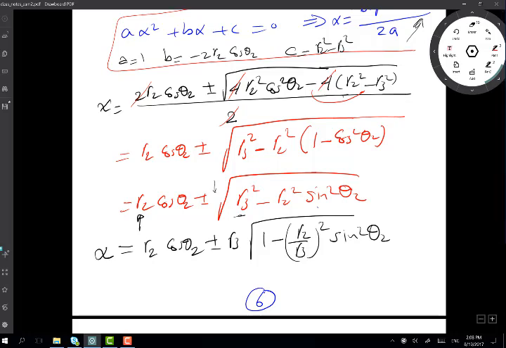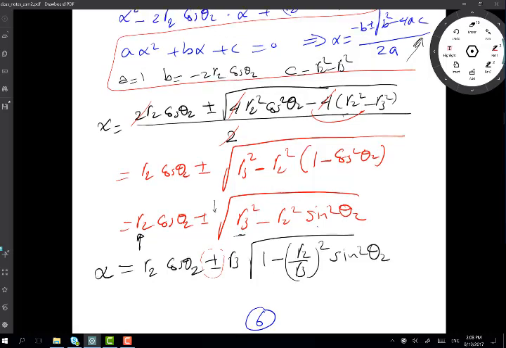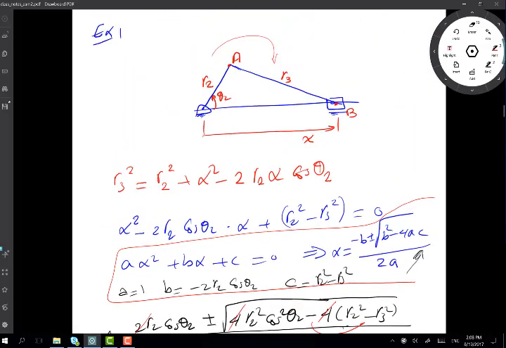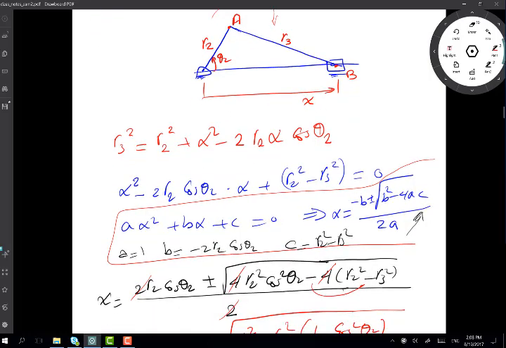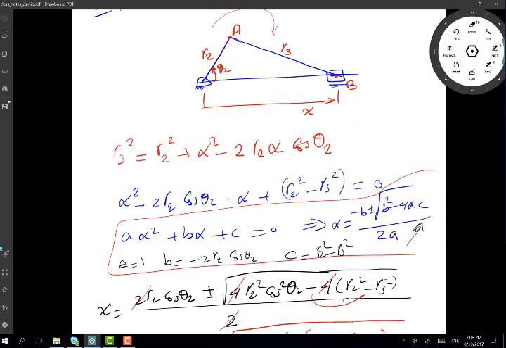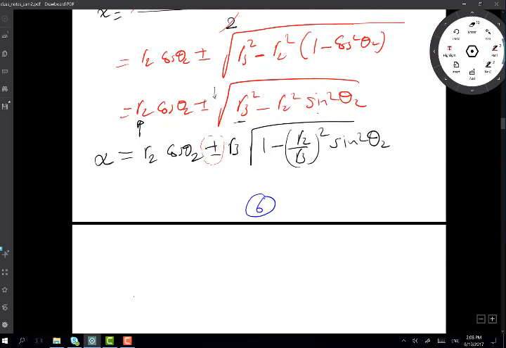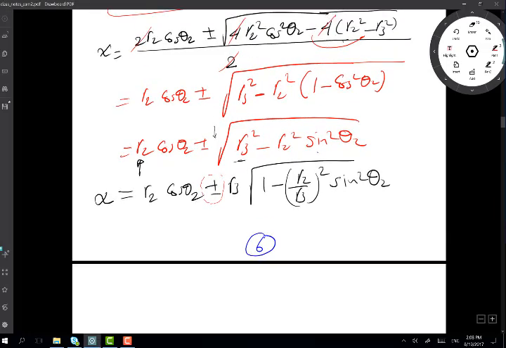All right, now I want you to just realize we have a plus or minus here. What does this mean? I'm sure if you remember that before we looked at the possibility of having two different assemblies. So if this would be the plus, my assembly one is a plus because assembly one gives me a large value of x, where the second term is added to the first term.